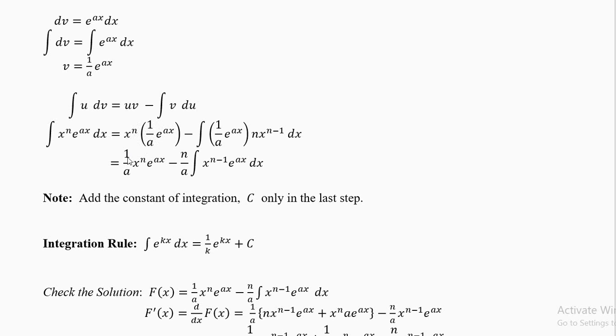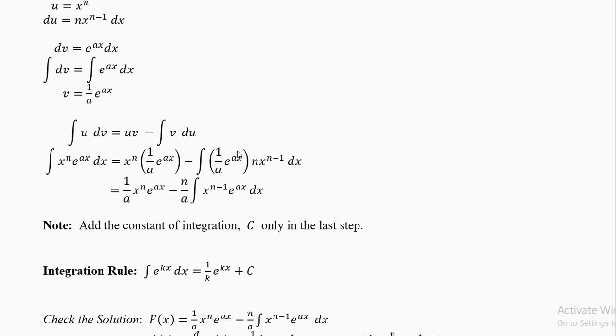You write 1/a first, then x^n, then e^(ax). Now here you open this bracket, 1/a will come out, n will also come out, and you will get minus n/a. This minus is from the rule of integration by parts, and the derivative du is n x^(n-1). So you have reduced from x^n to x^(n-1) in this way.